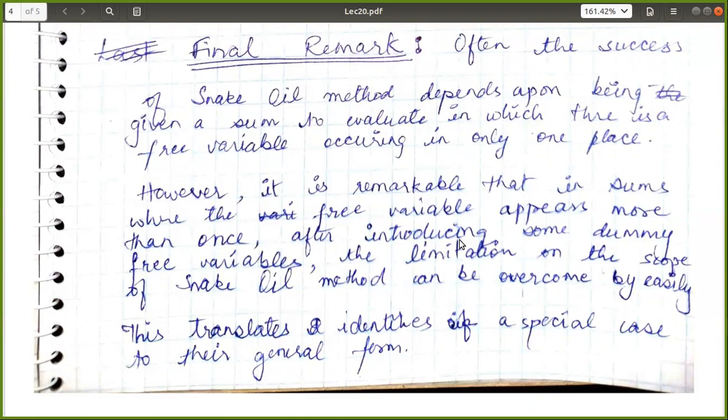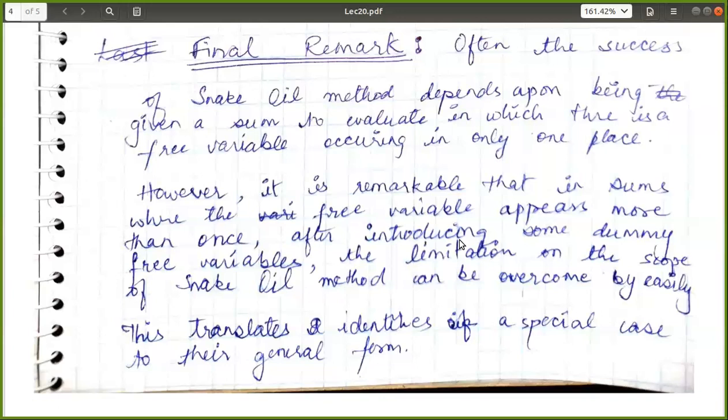So whenever n, n plus 2, n plus 3, etc., are appearing, you replace n plus 2 by some m, n plus 3 by some p, n plus 4 by some q, and so on. And now all these m, p, q are your free variables.